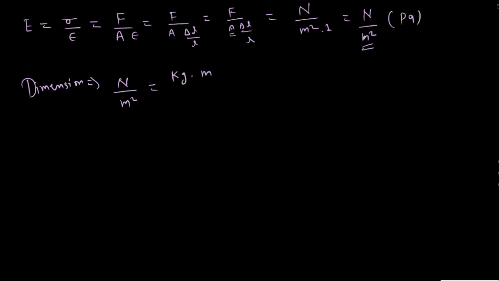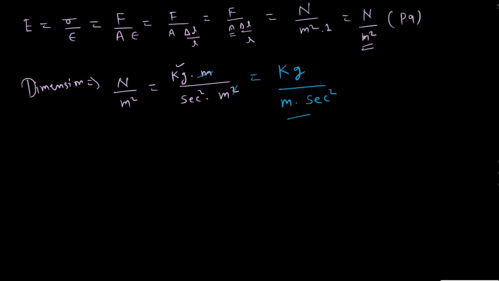The unit of mass is kg, the unit of acceleration is meter per second square, and here we have meter square. If we cancel meter power 2, we have kg divided by meter into second square.